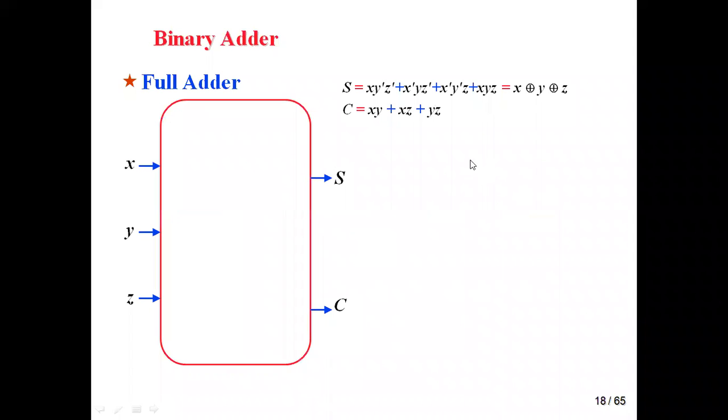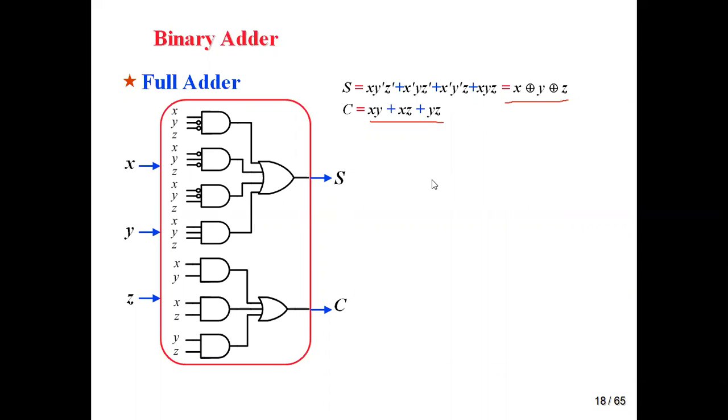And then what is our ultimate aim? We should go for circuit design. By using the Karnaugh map, we obtain the results: sum is equal to this, carry is equal to this. Here the logic diagram is drawn directly.